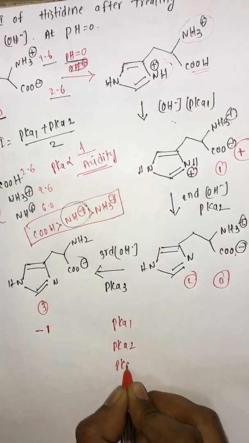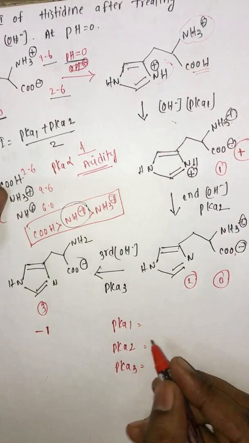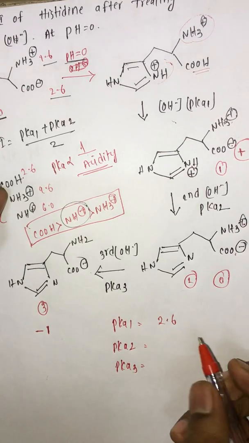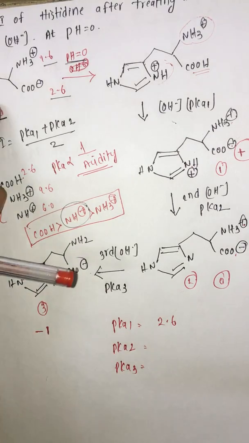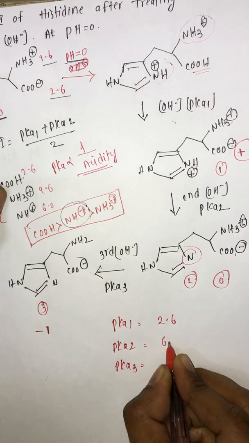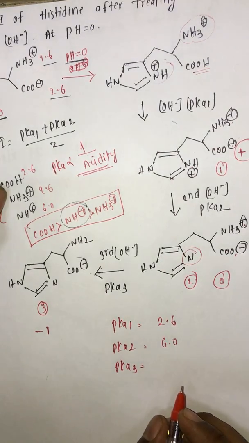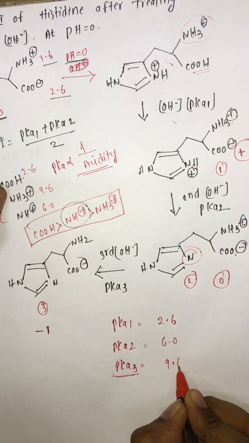Okay, so here we have 3 pKa values: pKa1, pKa2, pKa3. pKa1 is for the carboxylic acid, approximately 2.6, and pKa2 is for this nitrogen, around 6.0, and pKa3 is for the NH3, that will be 9.6.